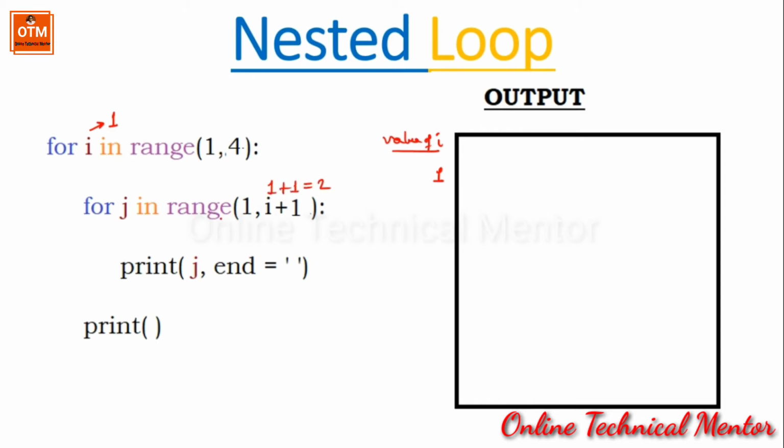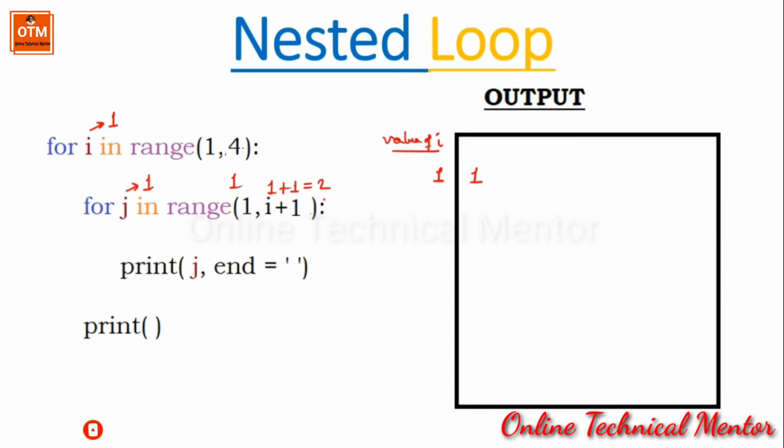Since the range function generates a sequence from the starting position and just before the ending position, this time the range function will generate only 1 as a sequence. That means j will be initialized with 1, and within this inner loop, it will print the value of j, that is 1 will be printed, and after that the j loop will terminate. Now there are no more elements to fetch.